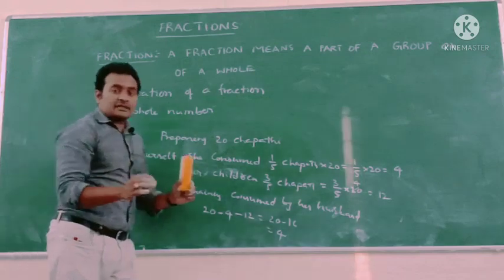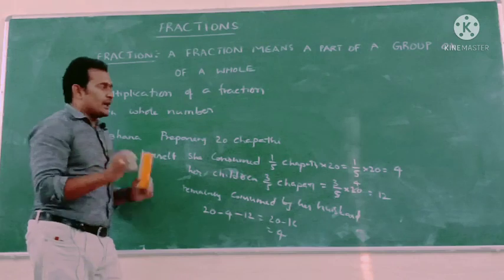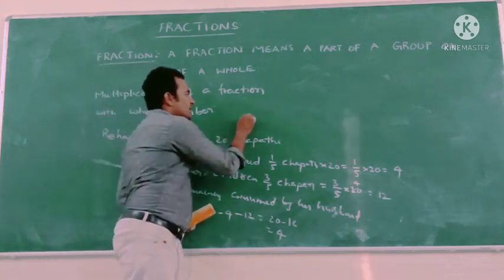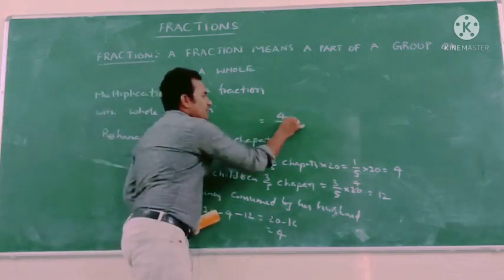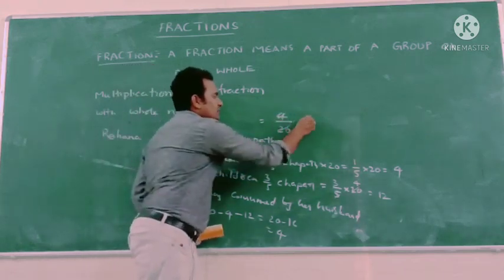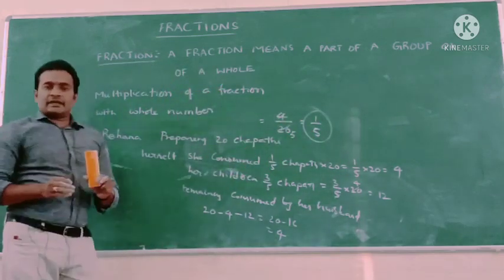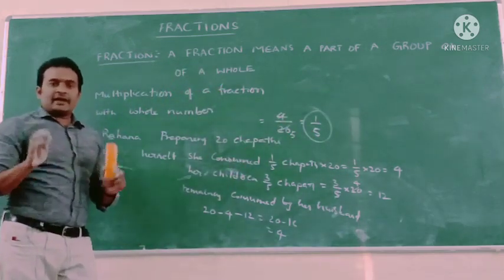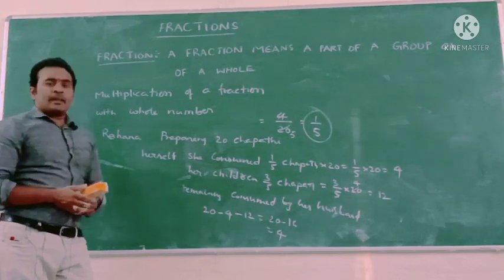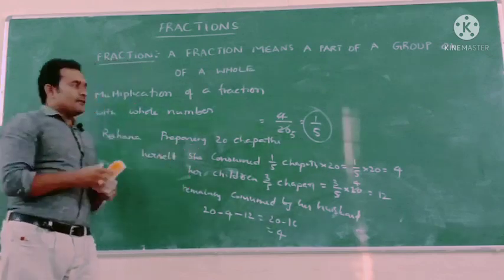We need the fractional value, so 4 by the total number of chapatis 20. So 4 by 20 equals 1 by 5. 1 by 5 is the fractional value of the chapatis consumed by her husband. This is about the multiplication of a whole number with a fraction.